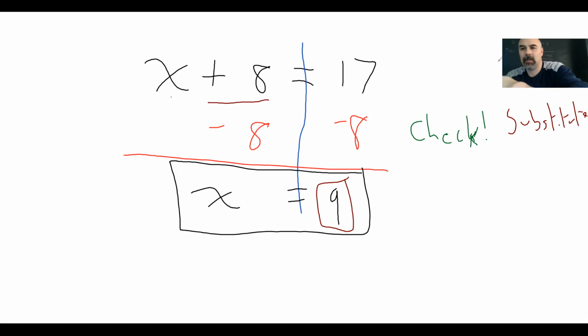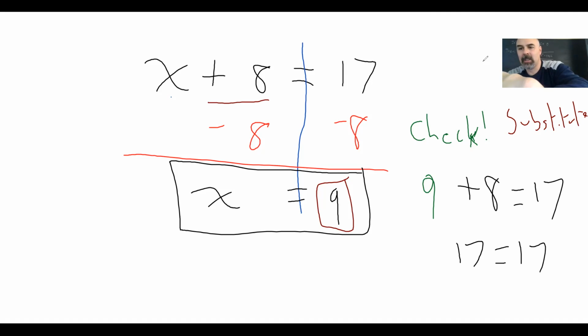So let's check. 9 plus 8 equals 17. Well, 17 equals 17. It is correct. We found our solution.